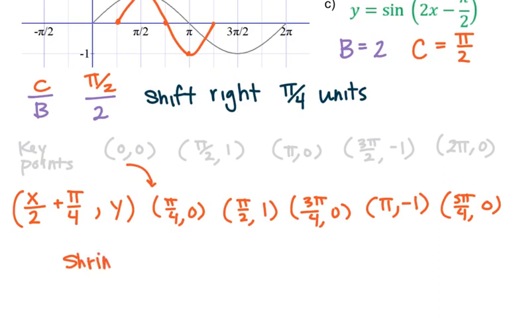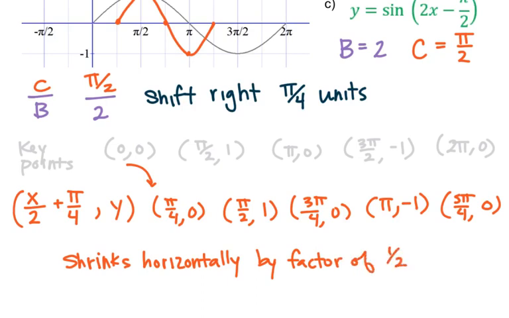So it shrinks horizontally by a factor of 1/2, and it shifts right pi over 4 units.